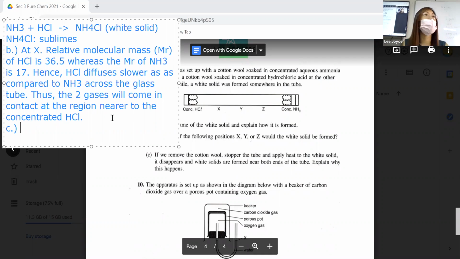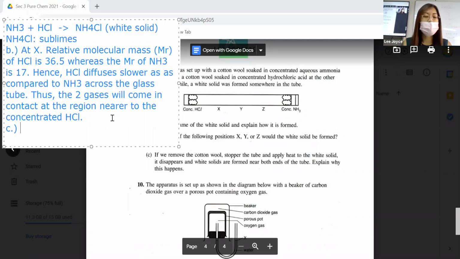So you need to know the sublimation nature of this ammonium chloride, right? If I apply the heat to the white solid, how come it will disappear? Because it sublimes. When you increase the temperature, the ammonium chloride will turn into the gaseous state.